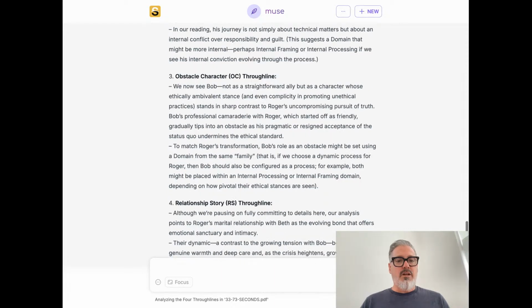All right, obstacle character. We now see Bob not as a straightforward ally, but as a character whose ethically ambivalent stance stands in sharp contrast to Roger's uncompromising pursuit of truth. To match Roger's transformation, Bob's role as an obstacle might be set using a domain from the same family. So because it can't tell the difference between the two, it's also putting Bob here.